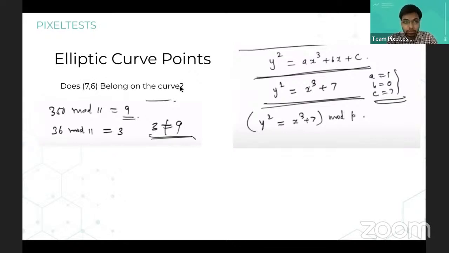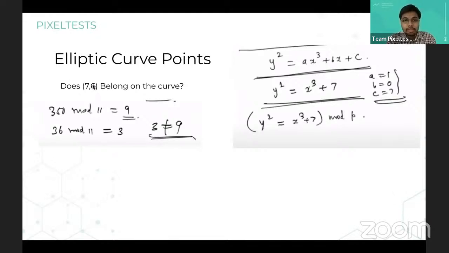What we are going to do is check whether it belongs. We substitute 7 for x, and y should match the value on the right-hand side. x cube, which is 7 cube, is 7 into 7, which is 49, and 49 into 7 is 343. You can use a calculator here. So 343 plus 7 is 350.